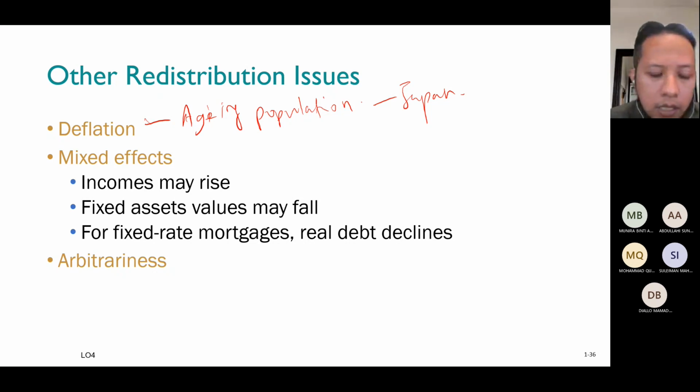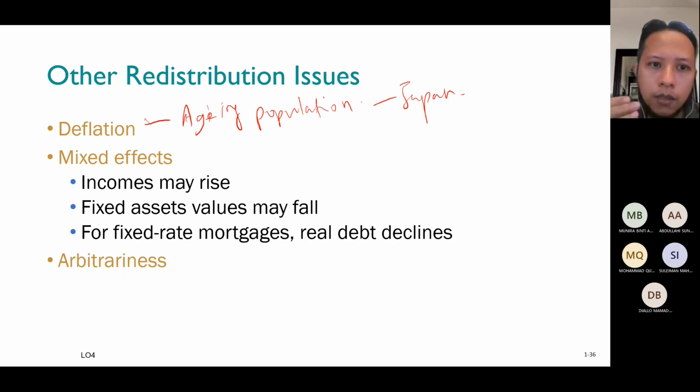Because in some areas, when the older people die, no one wants to live in their houses anymore. Even their children have moved to other places. So this has caused a very significant drop in property.